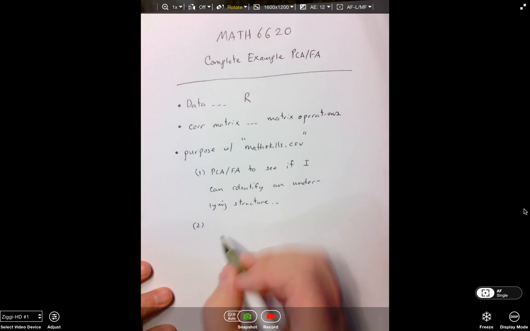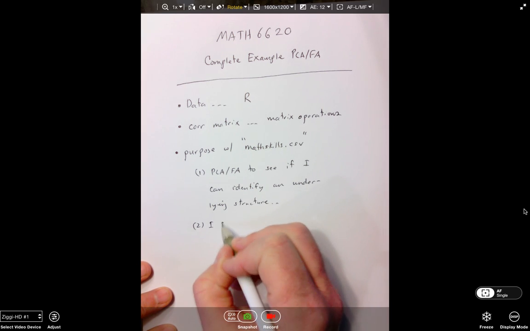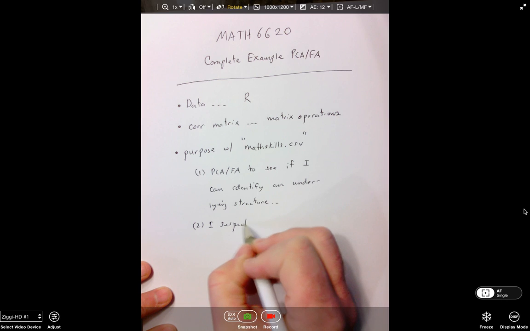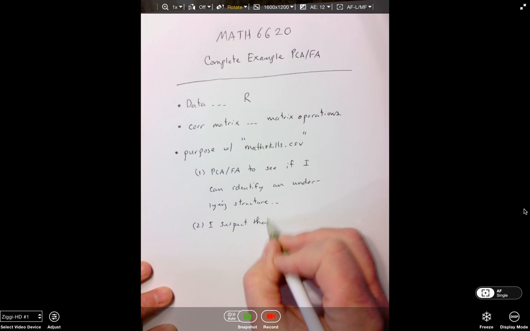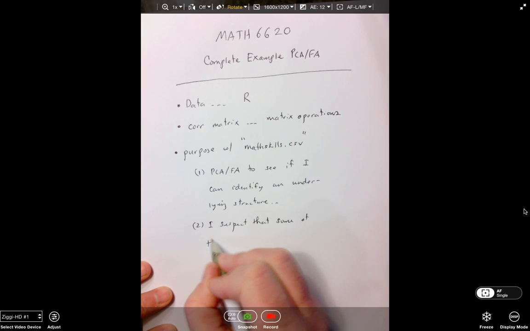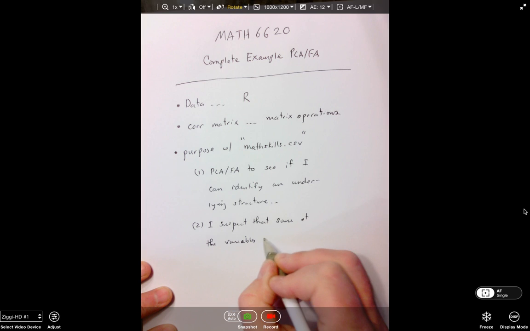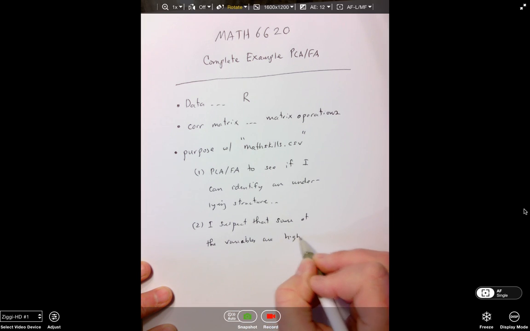The second thing I'd like to do is I suspect that some of the variables are highly correlated.